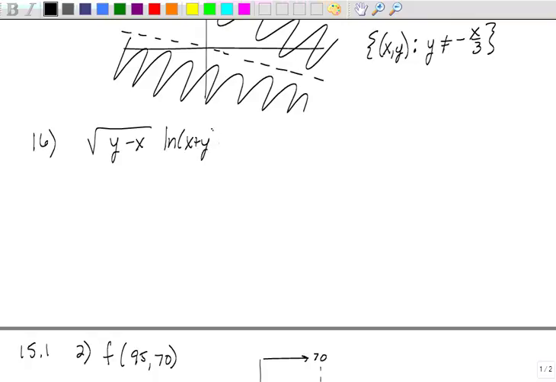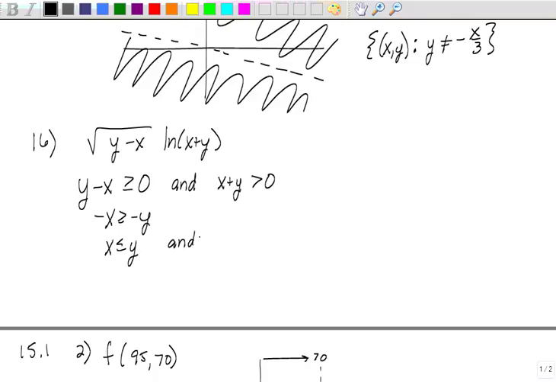Okay, here you have two problems. Inside the radical, you have to have greater than or equal to 0, and inside the ln, you have to have a positive number. So if we solve this for x and put that together, we have y minus 1 less than x, less than or equal to y.